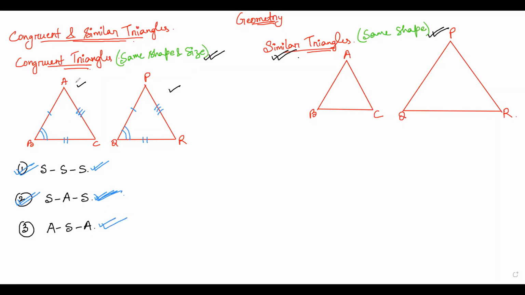That is, say for the triangle ABC and triangle PQR, angle B is equal to angle Q and angle C is equal to angle R and the side BC is equal to the side QR, then these two triangles can be termed as congruent triangles through ASA rule, that is angle-side-angle congruency. So two triangles are termed as congruent triangles through SSS rule, SAS rule and ASA rule.